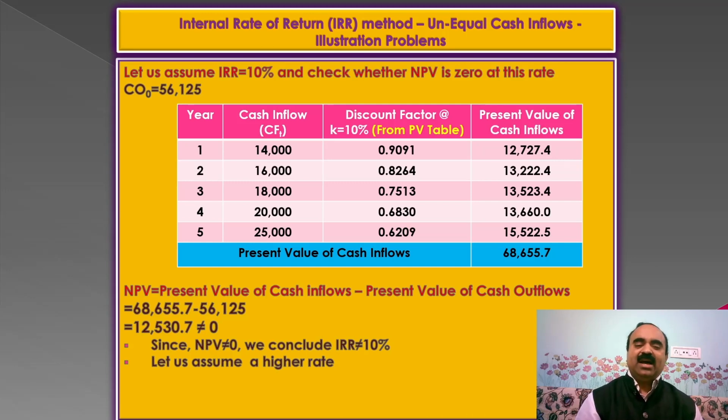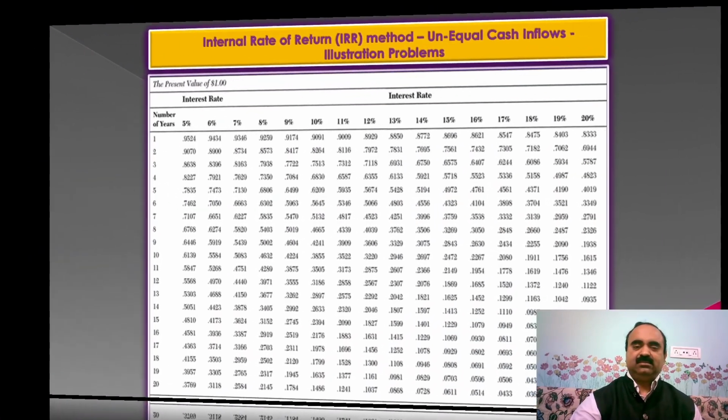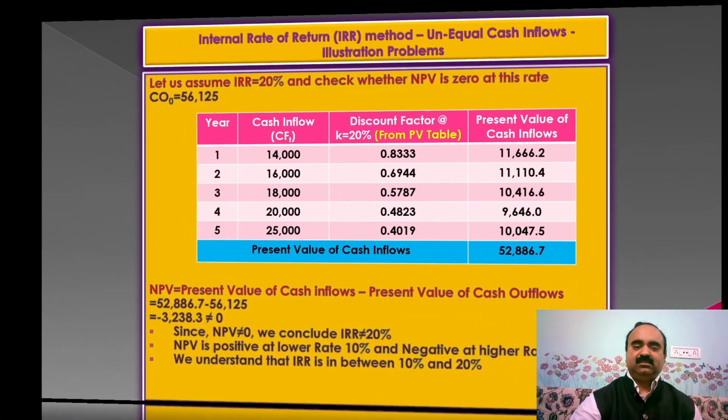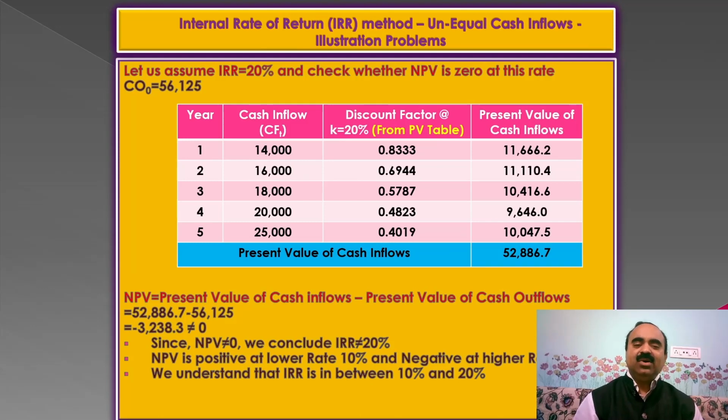Now, let us assume a higher rate. Let us assume IRR to be 20% and check whether NPV is 0 at this rate.